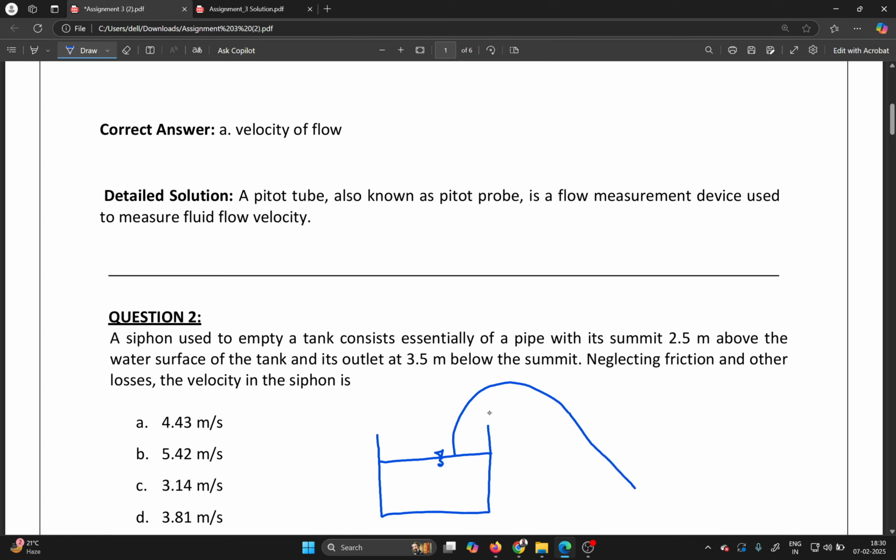Here is the outlet, and this is the summit. This 2.5 meter is given in the question, and this is given as 3.5.